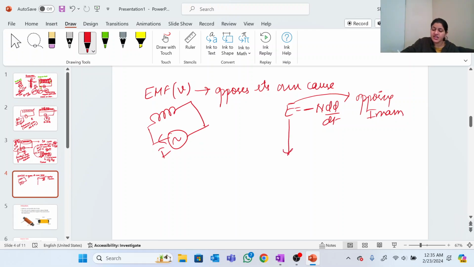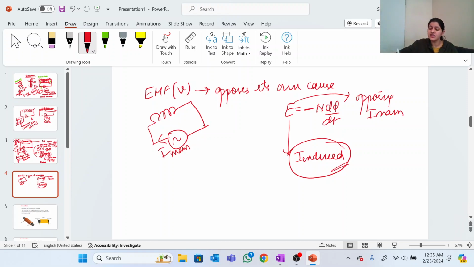This EMF gives birth to I induced. That is because this current we are not injecting; we are only injecting this I main. This is the current which has been induced by itself.